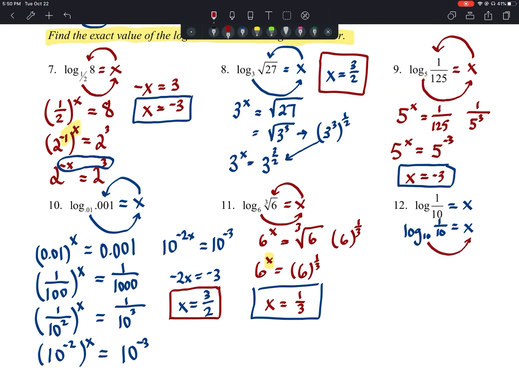We'll do 10 to the power of x is equal to 1/10. And then we know if we wanted to rewrite this, this would be the same thing as saying 10 to the power of x is equal to 10 to the negative first power, in which case x should end up equaling -1.